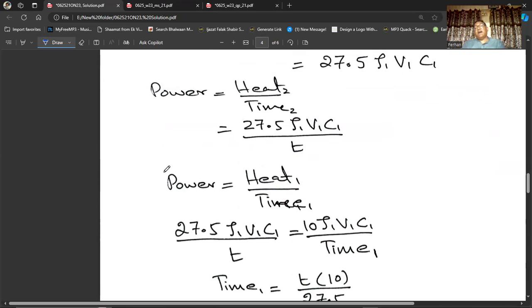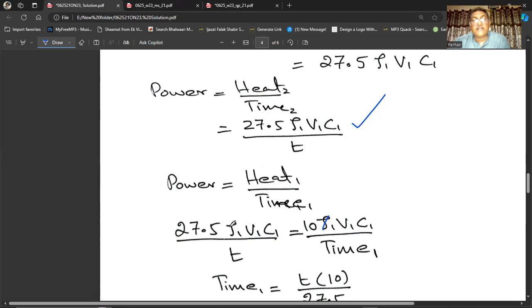For the oil, the power will be equal to heat 1 divided by the time 1. And the power we have already calculated for that hot plate, so I will put this to 27.5 ρ1 V1 C1 divided by the T that was given in the question, equals the oil's 10 ρ1 V1 C1 divided by the time 1. I want to calculate this time.